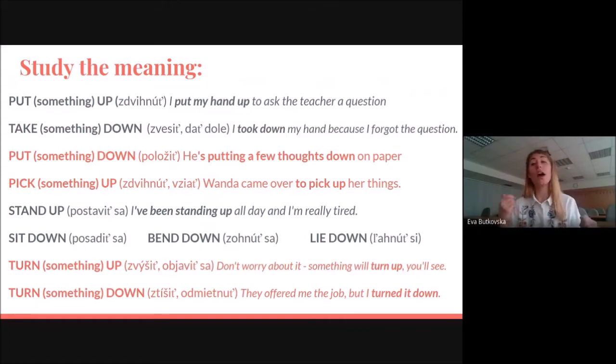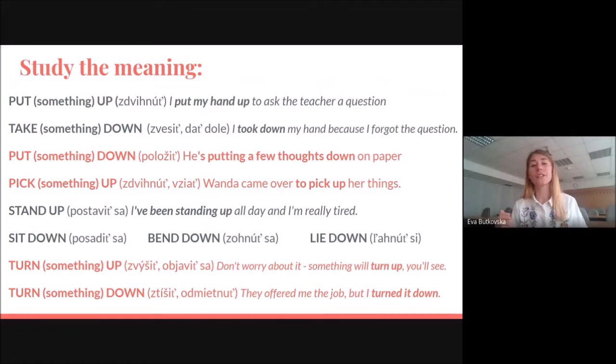So she drives somewhere and takes him. So pick somebody up as well. You can pick up your kids from school, or you can as well pick up things. So in the example sentence, Wanda came over to pick up her things, to collect somebody, or collect things.